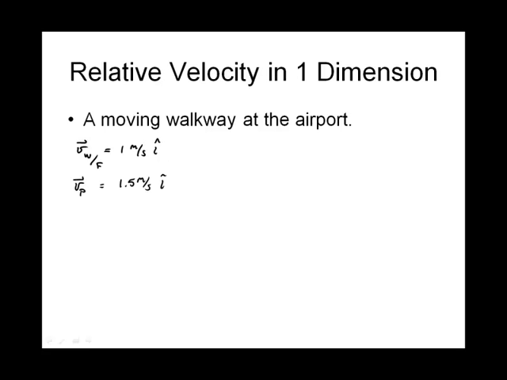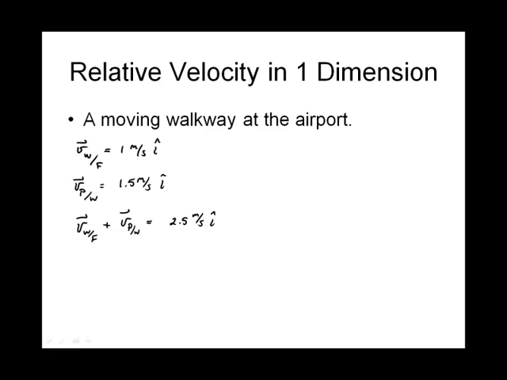So if they're walking at a speed of 1.5 meters per second and they're on the walkway, then that velocity would be with respect to the walkway. So somebody on the floor would see the person moving at the velocity of the walkway with respect to the floor plus the velocity of the person with respect to the walkway. And so the person on the floor would see that other person who's walking moving at 2.5 meters per second to the right.